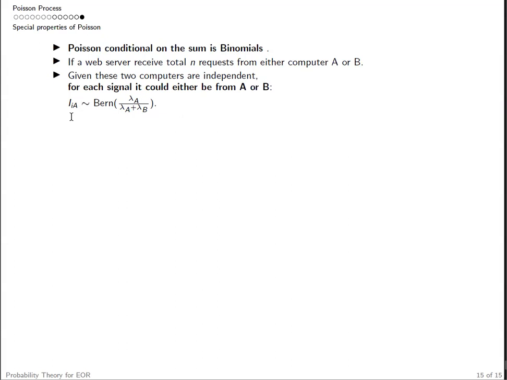The result is a binomial distribution, right? A sum of Bernoulli random variables, if they are IID with the same success rate, gives a binomial distribution with parameter n and the same success rate.